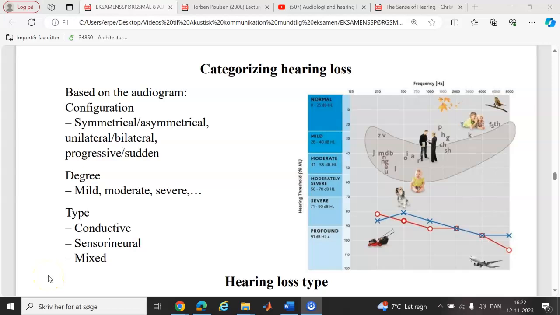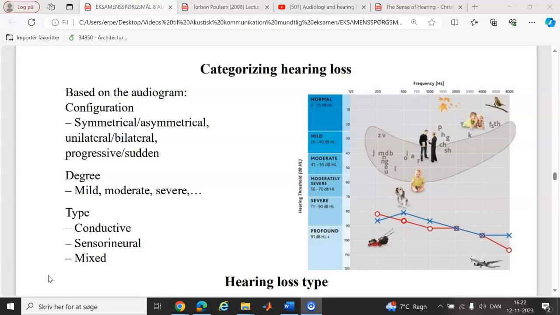Categorizing hearing loss based on the audiogram configuration: symmetrical, asymmetrical, unilateral or bilateral, progressive or sudden. Degree: mild, moderate, severe. Type: conductive, sensorineural or mixed.